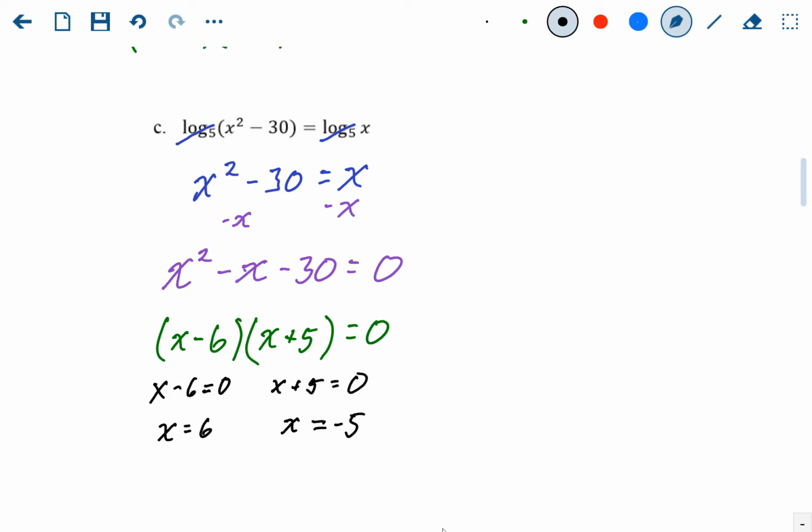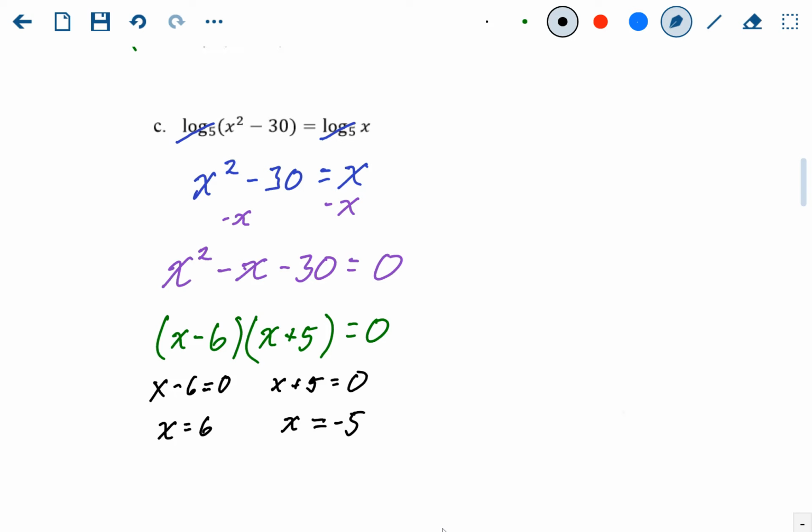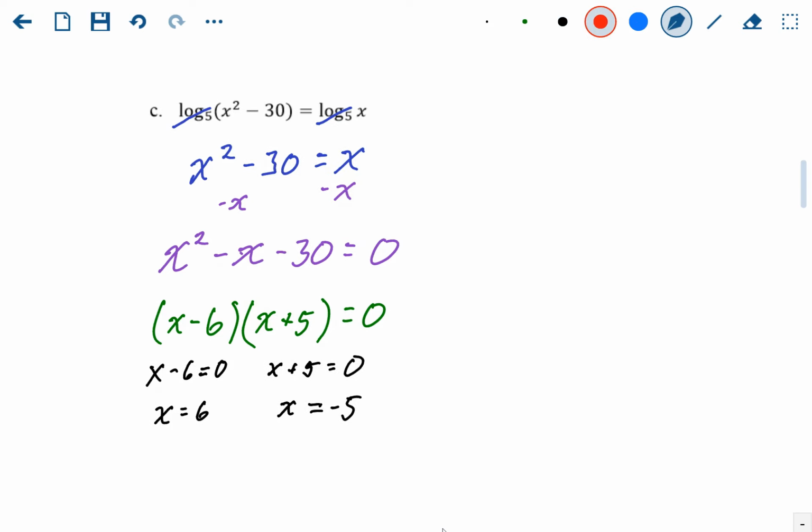These are the answers, and no, we didn't do anything wrong here. The problem is, if x equals negative 5 and you plug it into the right side of the equation, you're going to end up with log base 5 of negative 5, and we can't take the log of a negative. So this one actually isn't an answer. It's extraneous. So our only real answer is x equals 6.